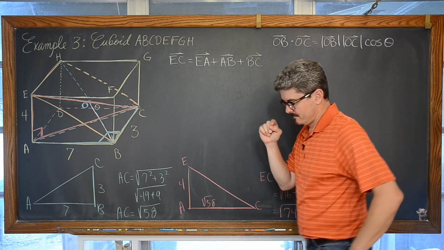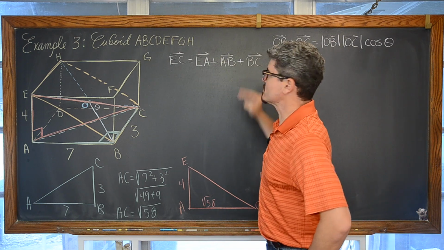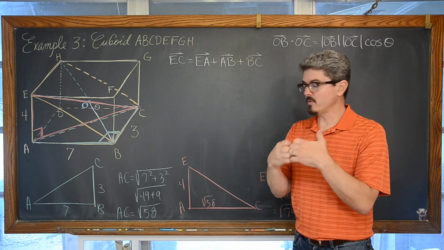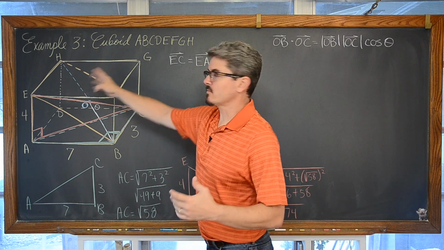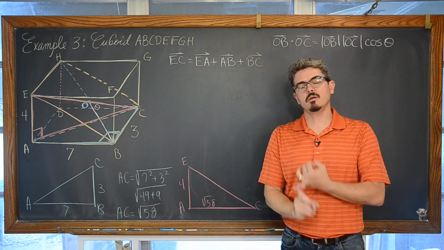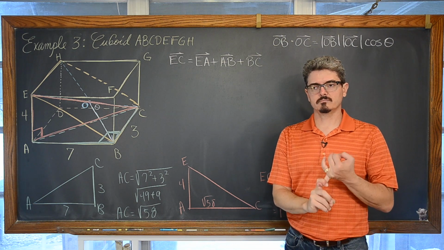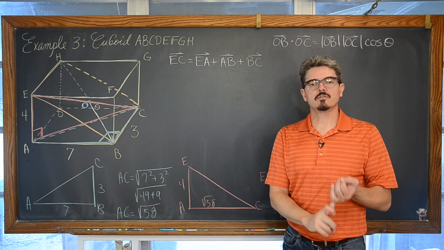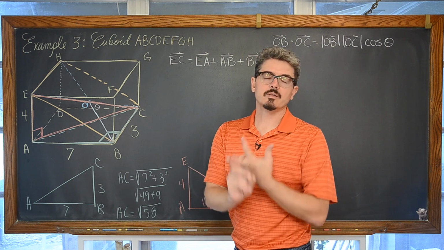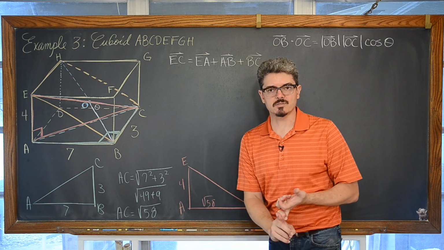Now, if all these vectors were in component form, we could add the components, because this is in 3 space. If we had these 3 vectors in component form, we would add the 3 components along the direction of the x-axis, the 3 components that go in the direction of the y-axis, and the 3 components that go along in the direction of the z-axis.